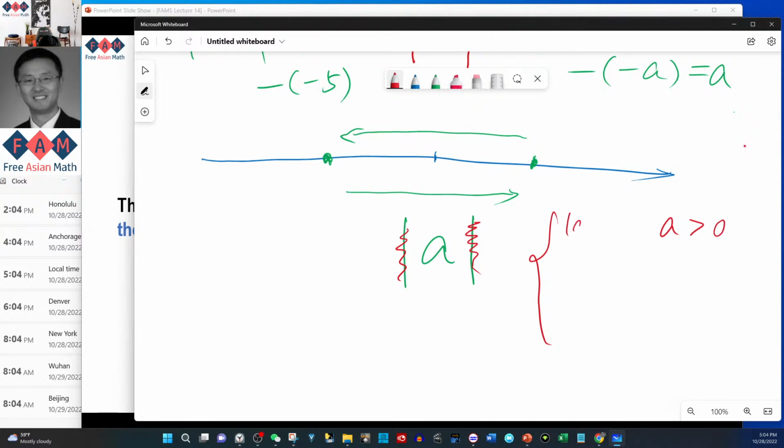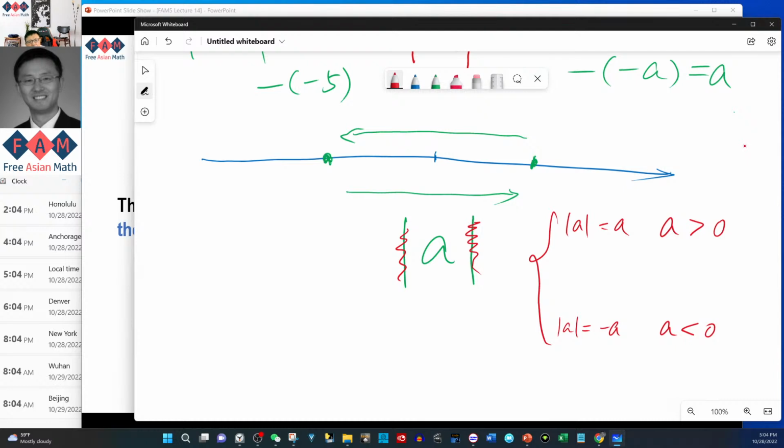In that case, the absolute value of A is just A. You can remove the absolute operator. What if A is smaller than 0? Then this becomes negative A. So, you can remove the operator surrounding A, but you always need to discuss those two opposite cases.